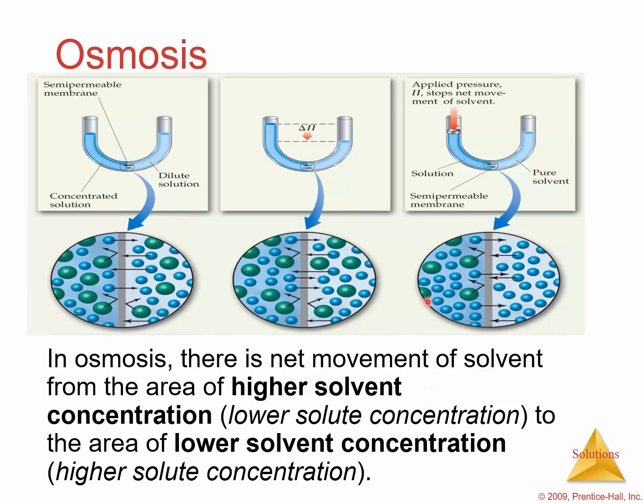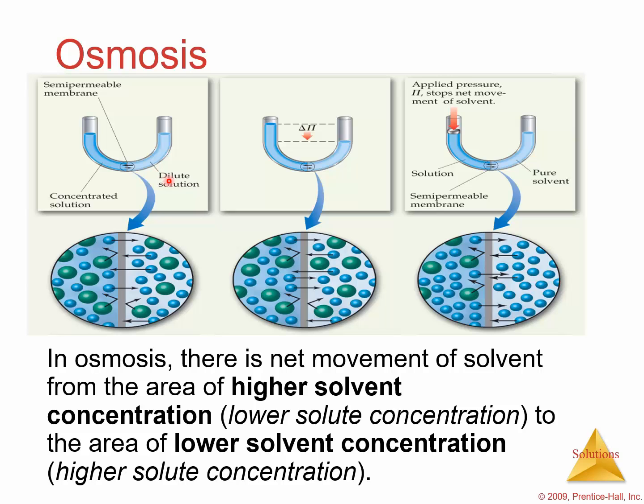So if we look at this illustration for osmosis, the net movement of solvent is always toward the solution with the higher solute concentration. So there is a net movement of solvent through the semi-permeable membrane, as you can see here, as if the solutions were driven to attain equal concentration.